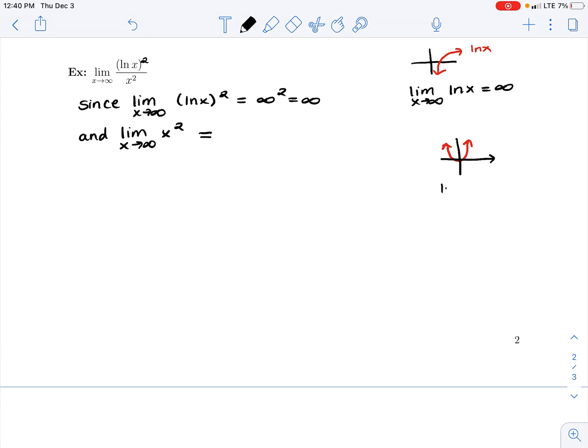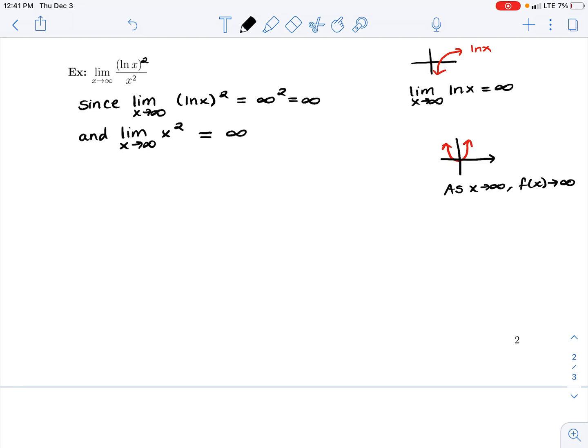And so I would say then that as x goes to infinity, f of x goes to infinity, or it approaches infinity. And so in terms of a limit, that just means the limit as x approaches infinity of x squared is also infinity. Okay, and so since I have that the limit of the numerator is equal to infinity and the limit of the denominator is equal to infinity, I'm in this indeterminate form of infinity over infinity.